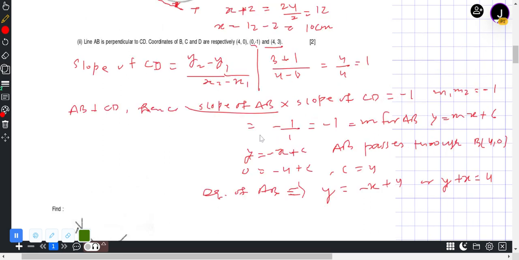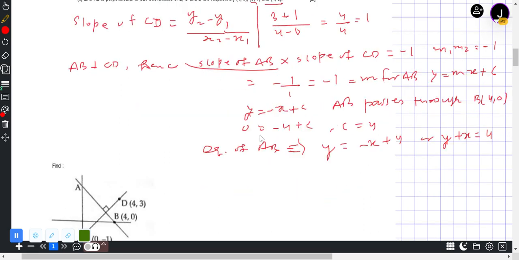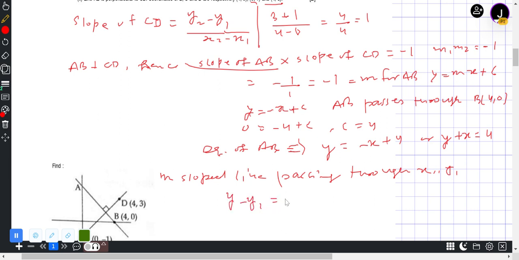Yeah. Other approach is, if you know that the slope of a line is m and it passes through some point x1 y1, what is the equation of that line? That is y minus y1 is equal to m into x minus x1.